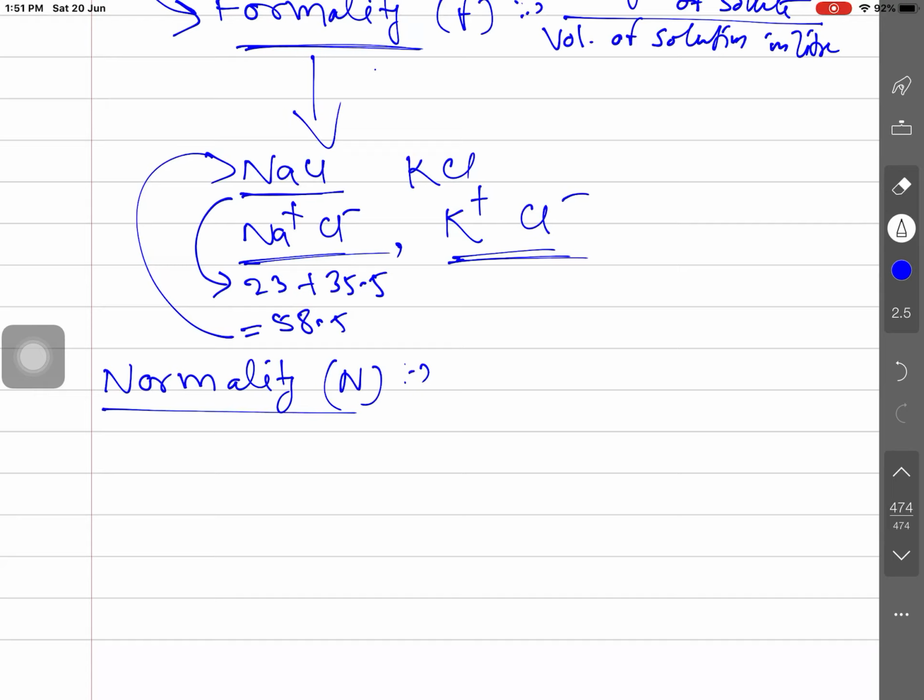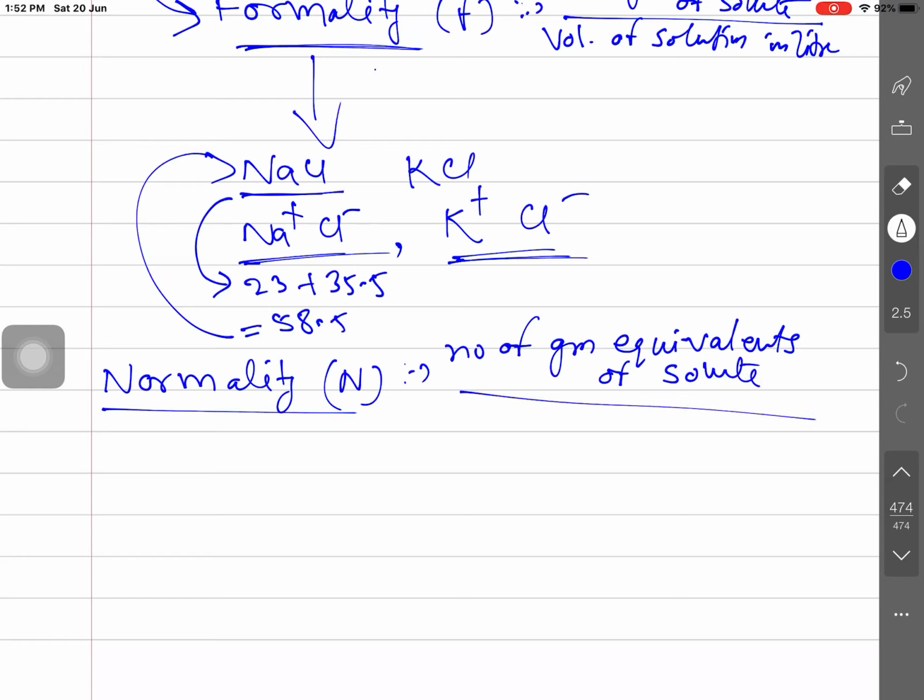It is the number of gram equivalents of solute dissolved in 1 liter of solution, that is, number of gram equivalents of solute divided by volume of solution in liters.